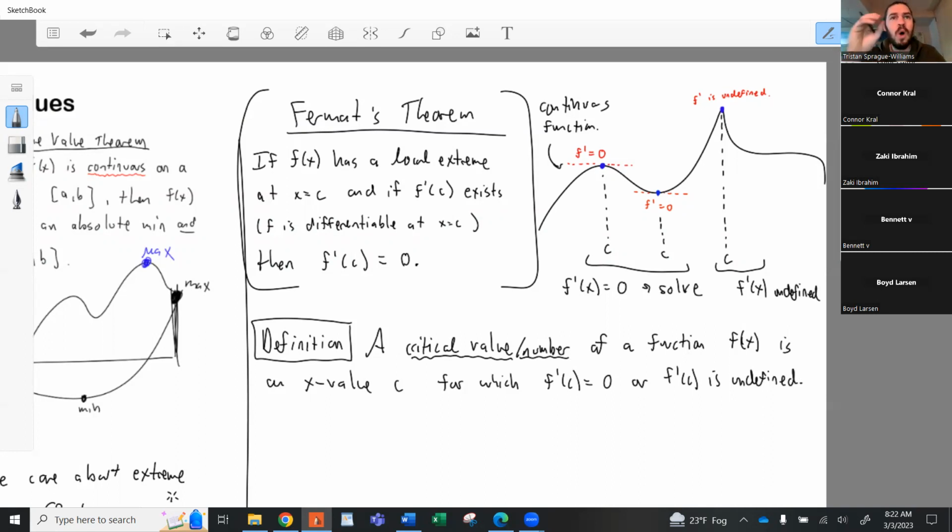If you find all of the critical numbers for a function, then you have identified all of the locations where there could be local extremes for that function. Okay, and that's based on this theorem, this Fermat's theorem.